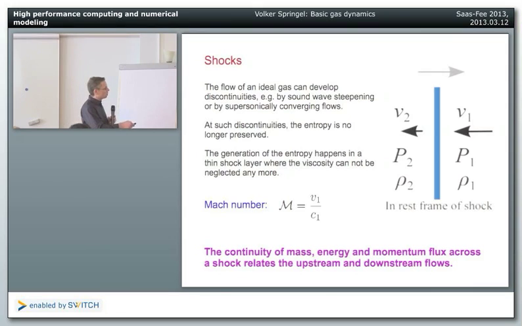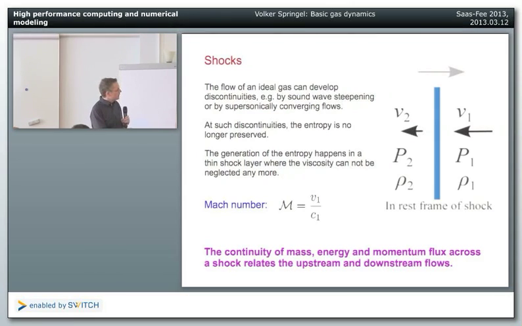In a real shock, this discontinuity must develop if the flow is supersonic. If the Mach number is larger than 1 and you have this sort of shock region, that means that at the shock the flow is decelerated from a supersonic motion to a subsonic motion, and it's compressed in doing this. This is generically what happens in a shock.